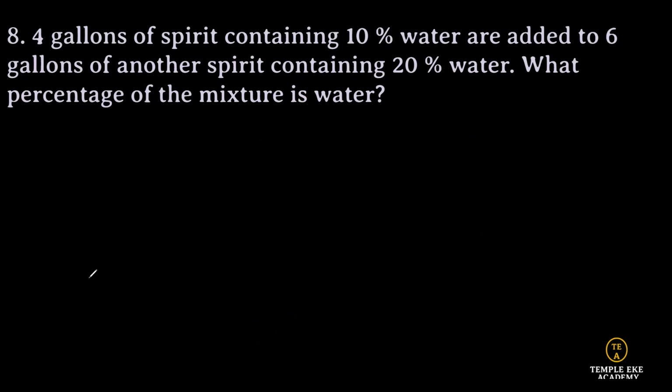So we have total amount of water, very quickly. Total amount of water in the spirits combined, we have it already, 8/5 gallons. That's right. And now, total amount of spirits, total quantity.